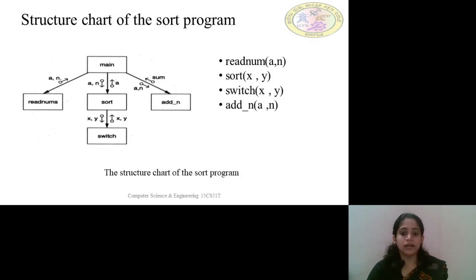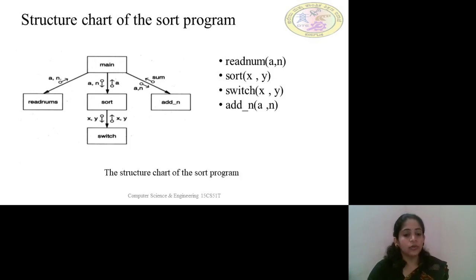It will compare the value of x with the value of y. If the value of x is less than the value of y, it remains the same. If the value of x is greater than the value of y, then it will be exchanged, or switched; we can switch the contents of x and y.